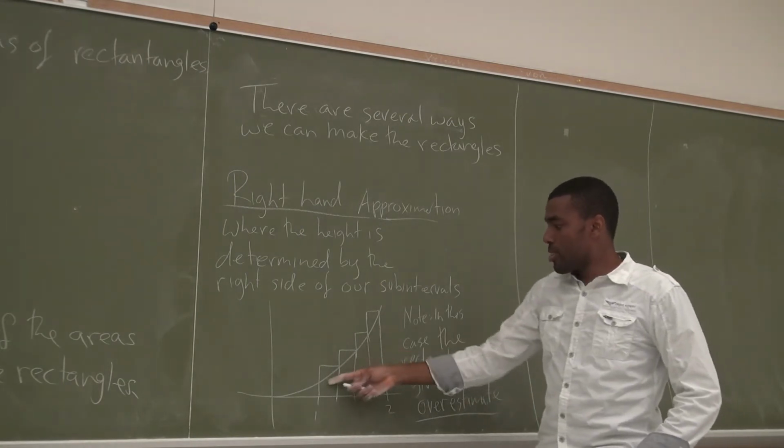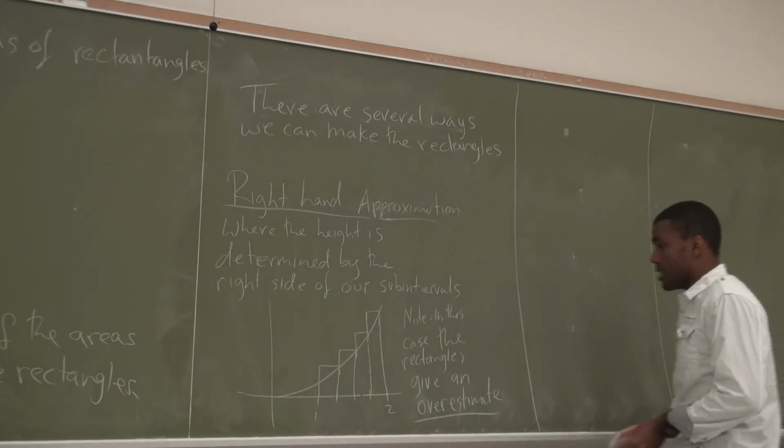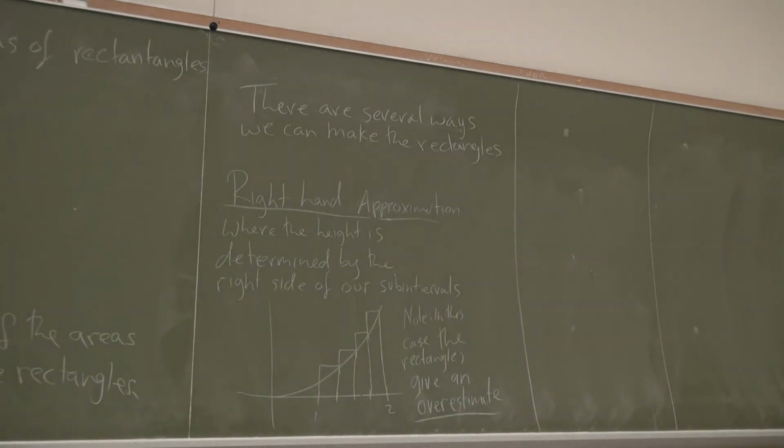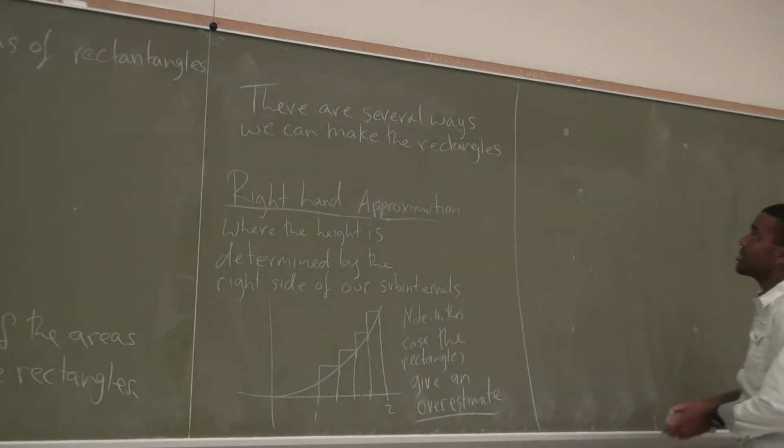If I add up the areas of all these rectangles, I actually get more than the area I need. Another way I could have done it is to define the rectangles by the left side of all the intervals.